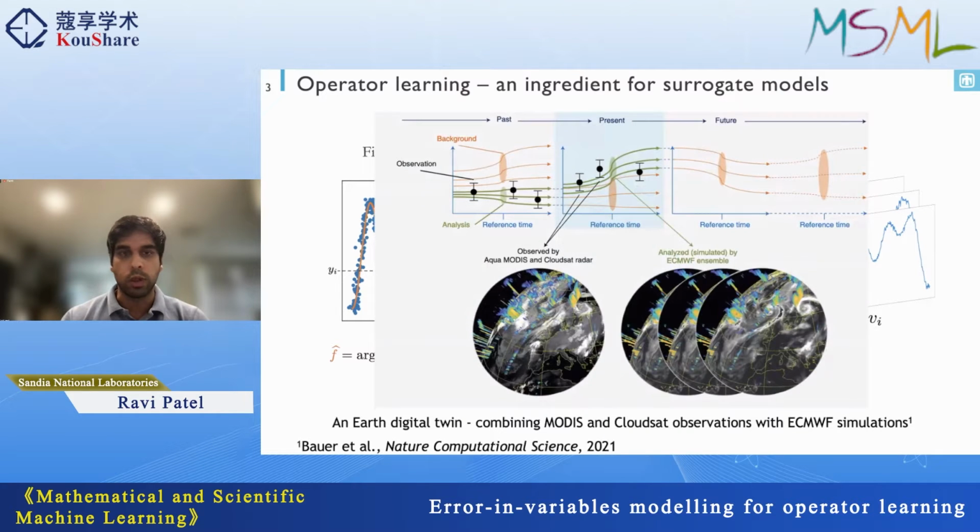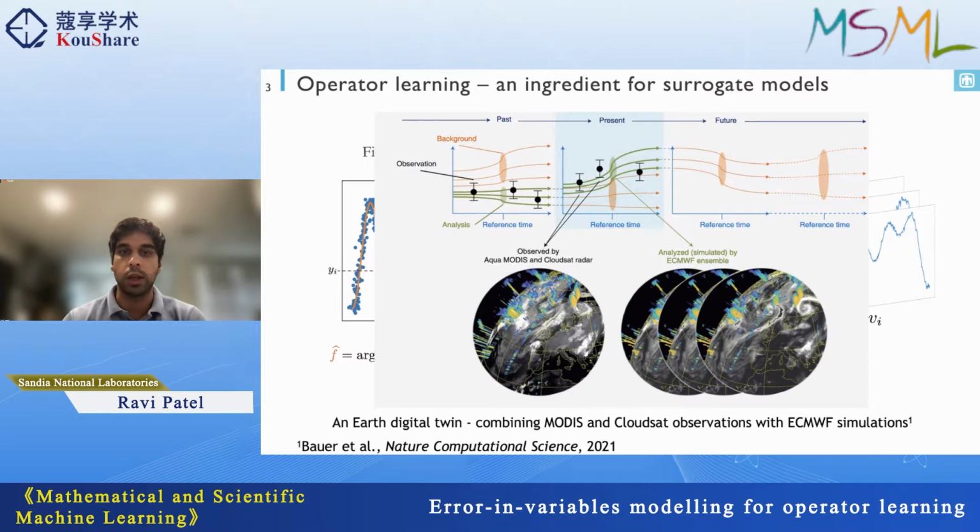And one place this is used is in digital twins. So here I'm showing an Earth scale digital twin where they try to combine satellite data with simulation data. And of course, trying to simulate an entire globe's environmental systems isn't computationally possible.